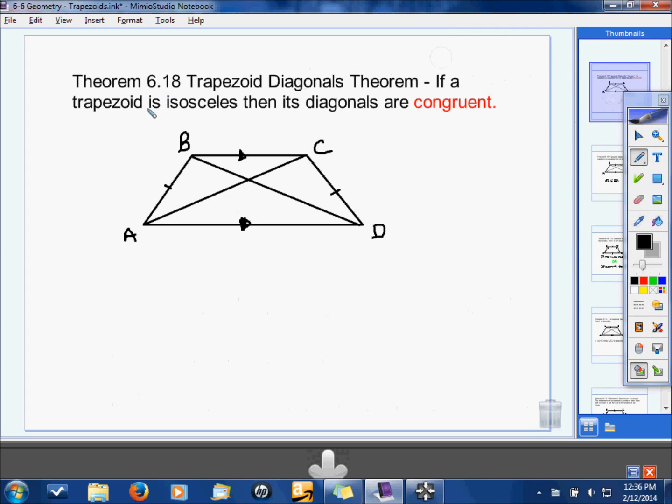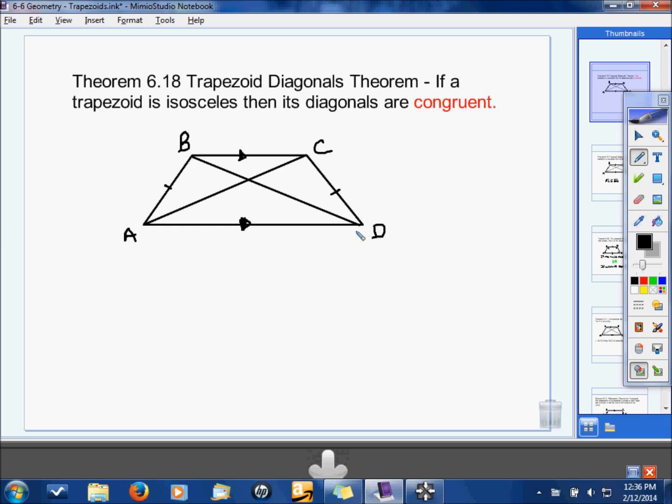Another thing about isosceles trapezoids is about its diagonals. If a trapezoid is isosceles, then the diagonals are congruent. So we have a couple of diagonals drawn into this isosceles trapezoid.